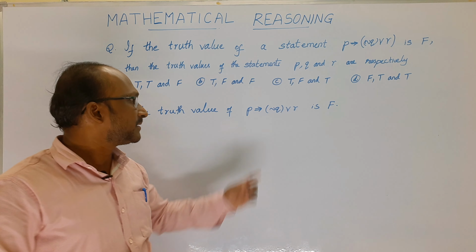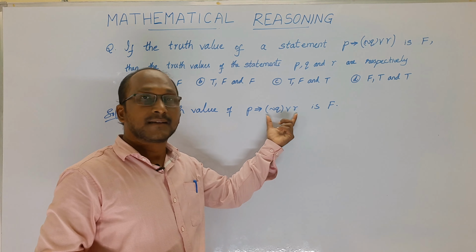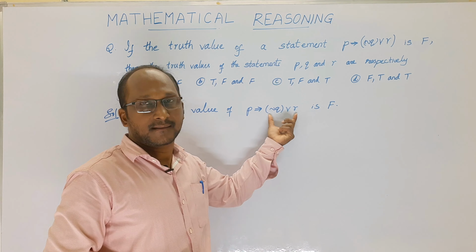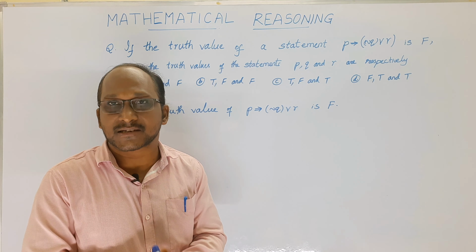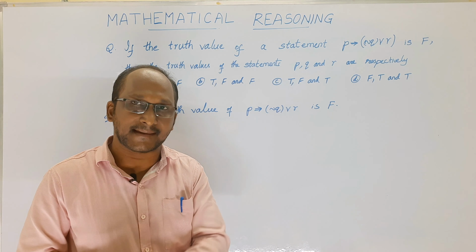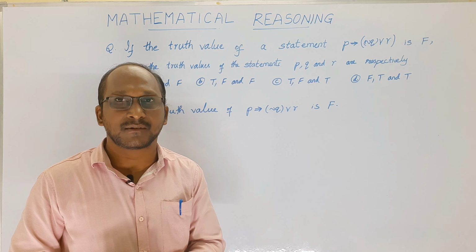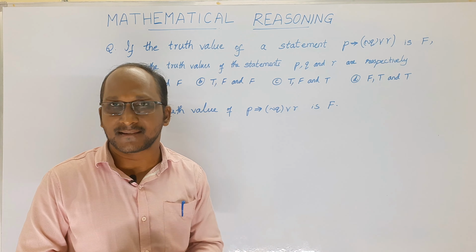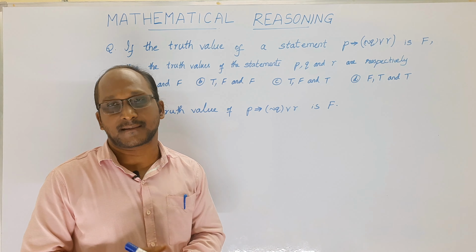Here if you observe, this is the conditional of the statements P and negation Q or R. But we know that the truth value of the conditional statement is false in only one case. What is that? If the first statement is true and the second statement is false, in that case their implication will be false.